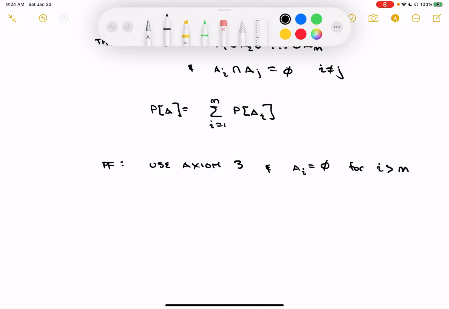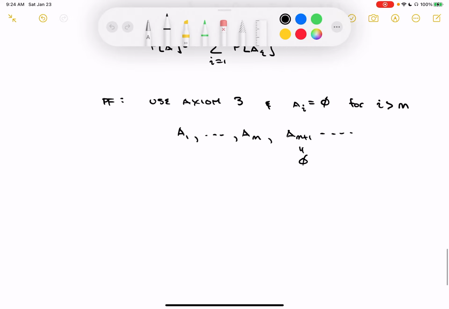So we could have our originals, A1, going all the way out to AM, right? And then we would have our AM plus 1 going out to infinity, where each one of those guys was an empty set. I could assign empty sets to each one of those particular ones, right? Axiom 3 says what? It says that we should be able to add all of these probabilities up together because they're all mutually exclusive. The empty set is mutually exclusive from anything else.